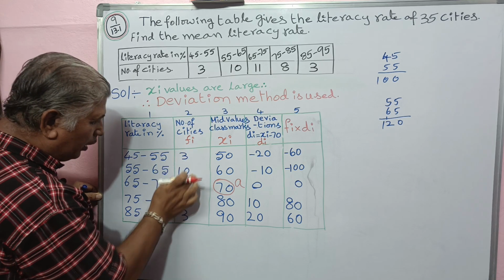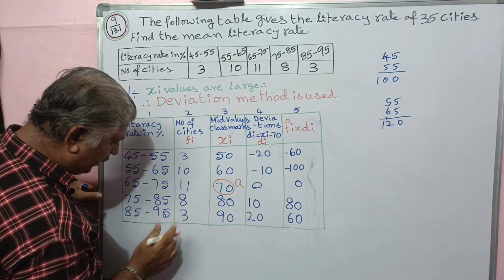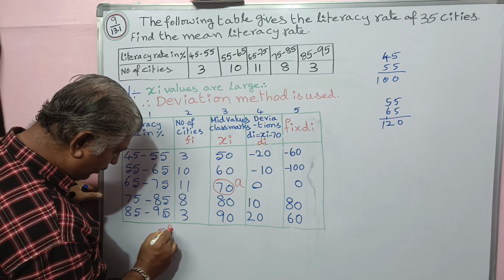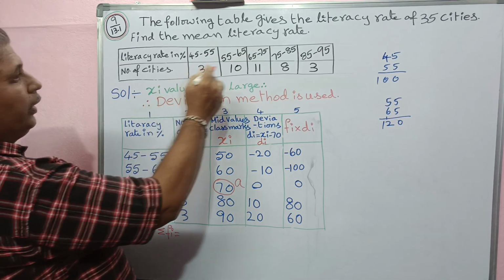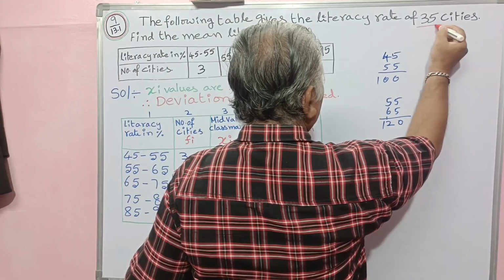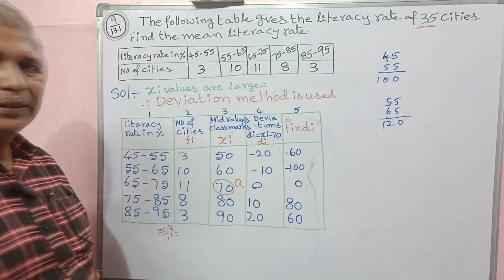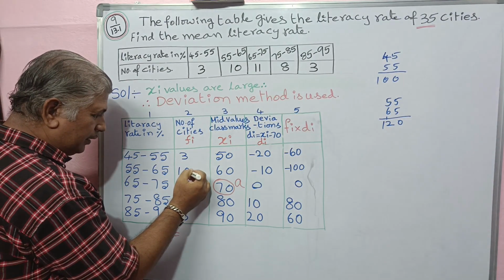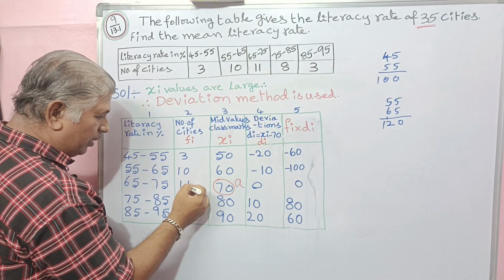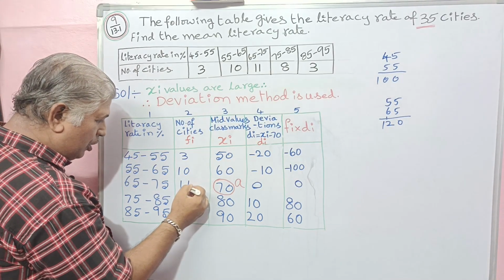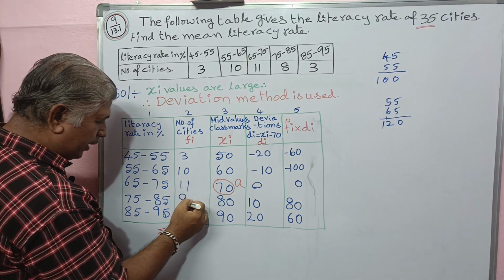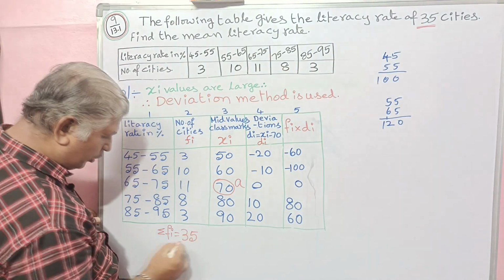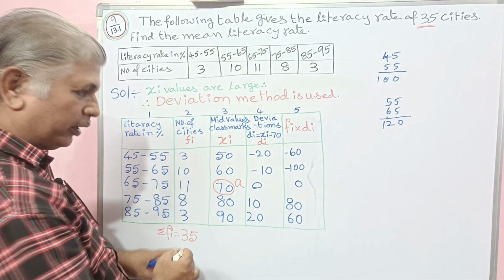So, the total of Fi, sigma Fi, is equal to the number of cities, 35. Add them: 3 plus 10, 13. 13 plus 11, 24. 24 plus 8, 32. 32 plus 3, it is 35. So, sigma Fi is equal to 35.